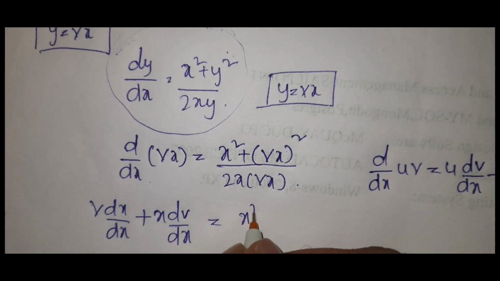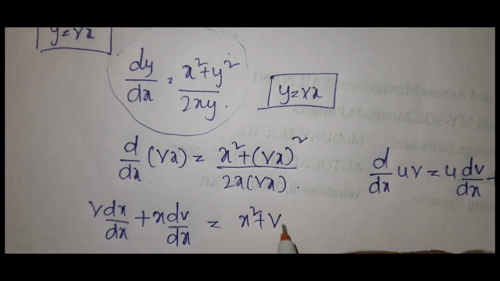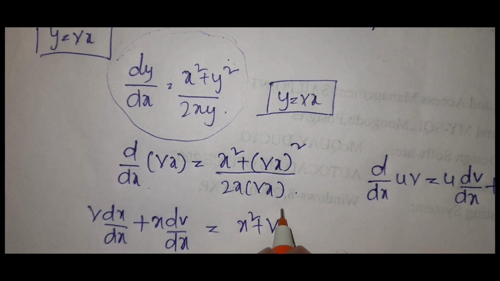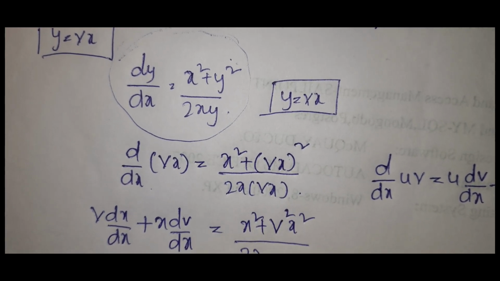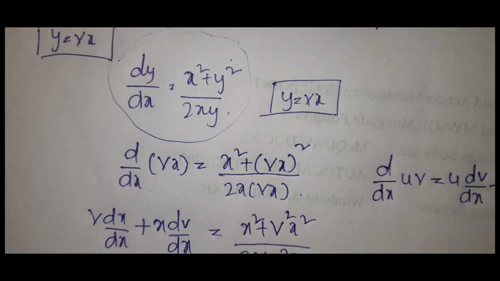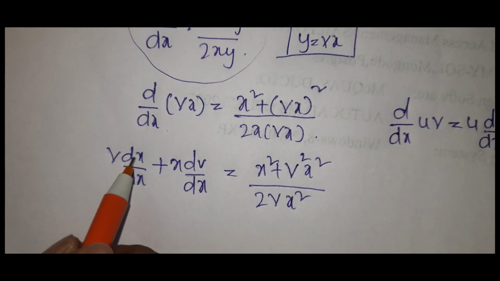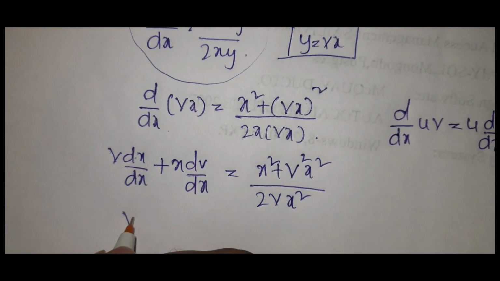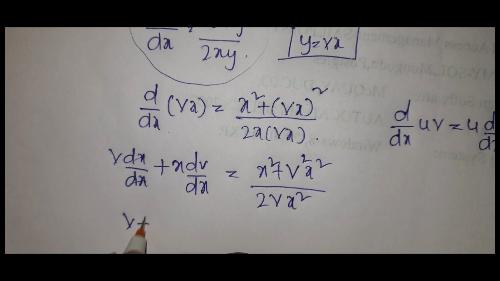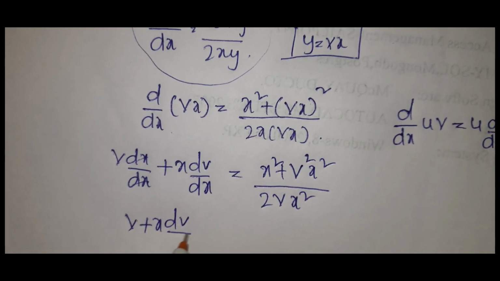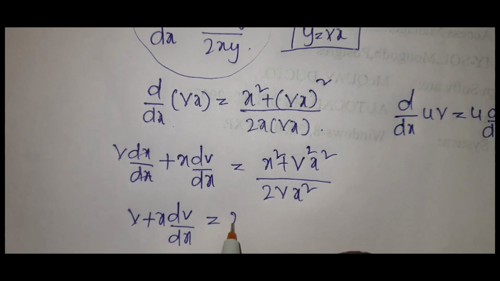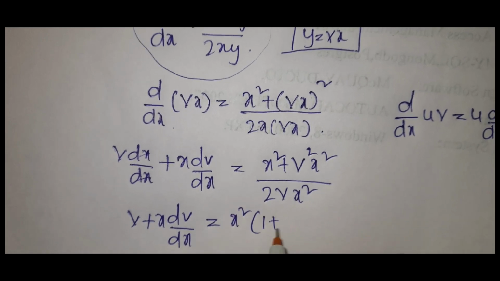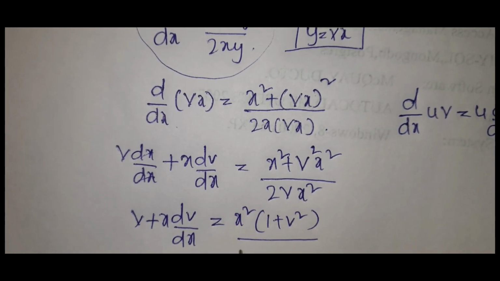Here x square plus v square x square by 2v x square. You know the derivative of dx by dx is 1, so it's 1 plus x dv by dx is equal to, here x square is in common, x square of 1 plus v square by x square of 2v.